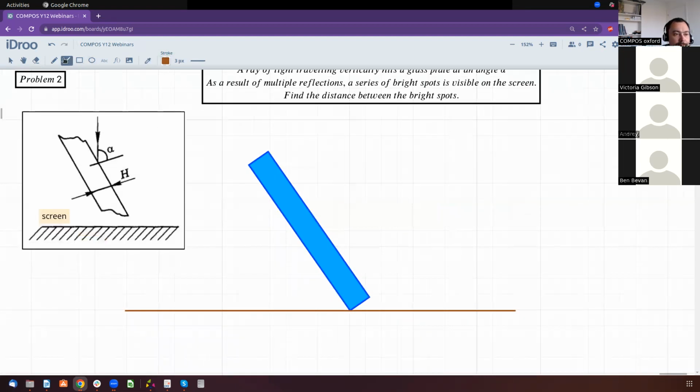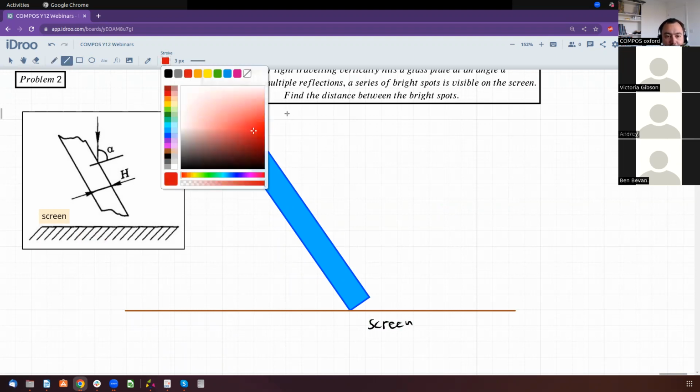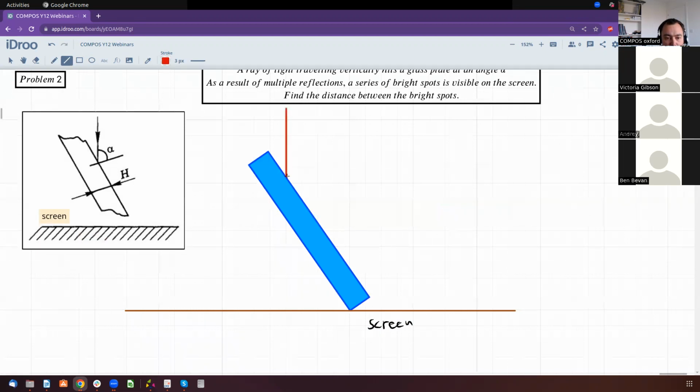This is the screen. This is the glass, and light comes in. Light comes in like this. It is not because of different wavelengths. Good idea.